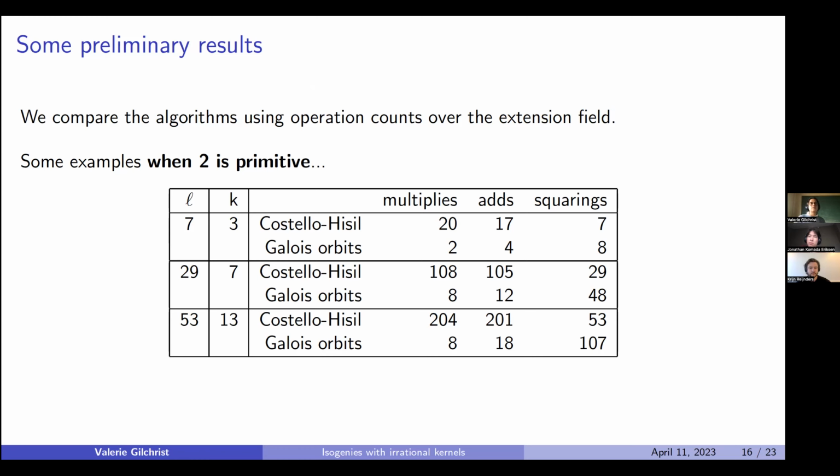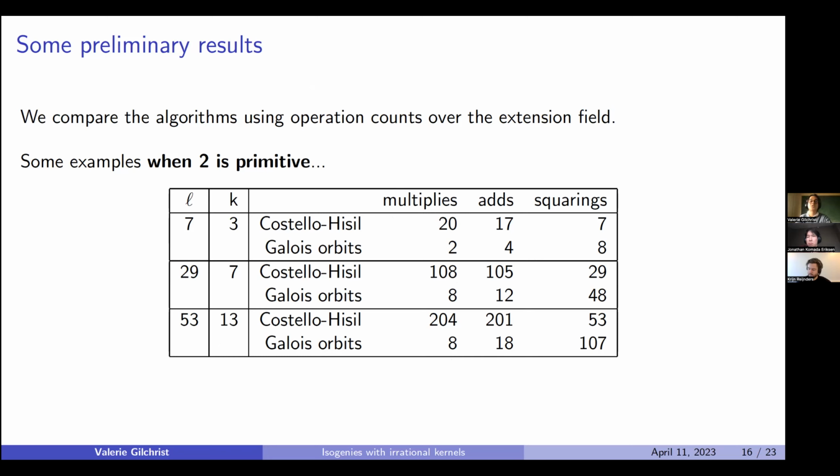You can see we have a few different L values, a few different K values. We're getting quite a bit of savings in terms of multiplies and adds, probably close to 90% for each of those, but at the cost of quite a bit more squarings. On average, close to 50% more squarings, but you save quite a bit of multiplies and adds.